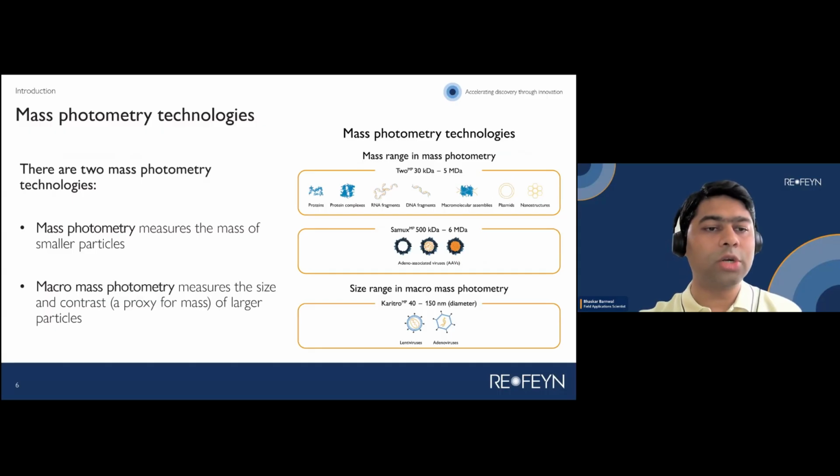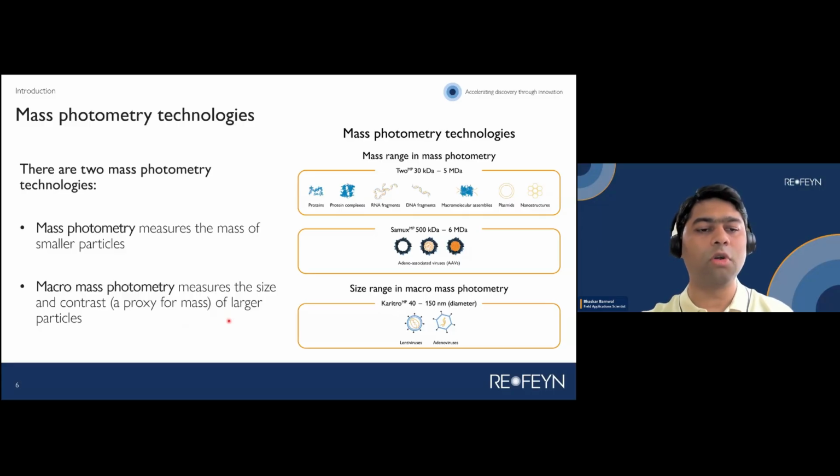So there are two mass photometry technologies. The first one is the core technology, where mass photometry measures the mass of smaller particles by measuring the contrast. The second one is called macro mass photometry, and it builds upon our core technology, which measures the contrast of the particles. Along with that, we measure the size of the particles as well.